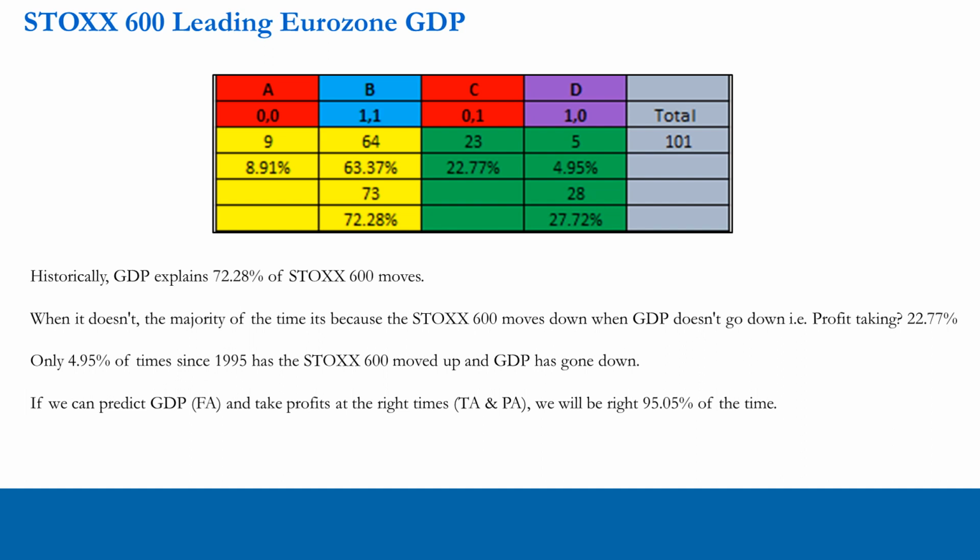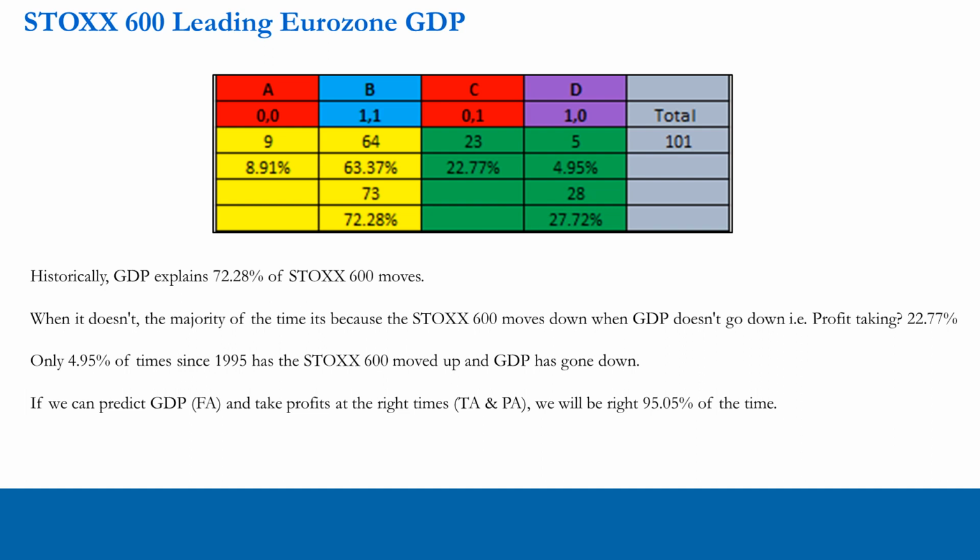In Europe, for example, when we look at the main index there, which is the Euro Stoxx 600, and we look at Eurozone gross domestic product, we get similar results. So if we run through these results quickly, historically, GDP explains 72.28% of Euro Stoxx 600 moves.